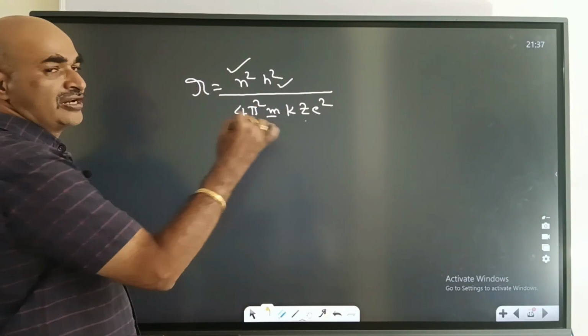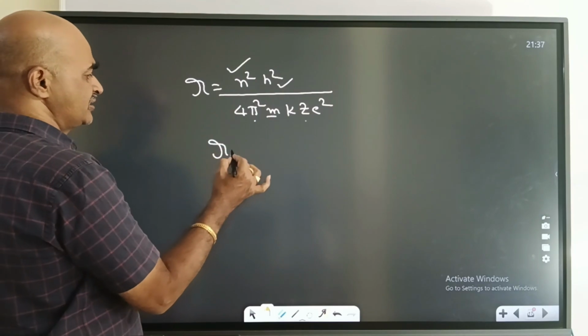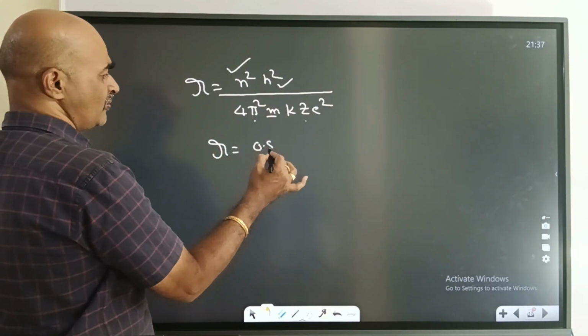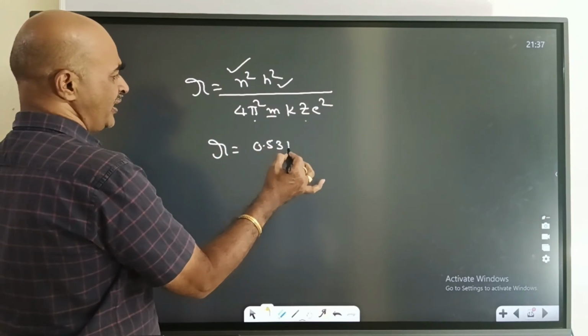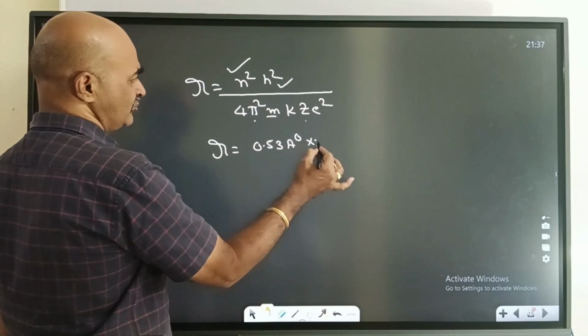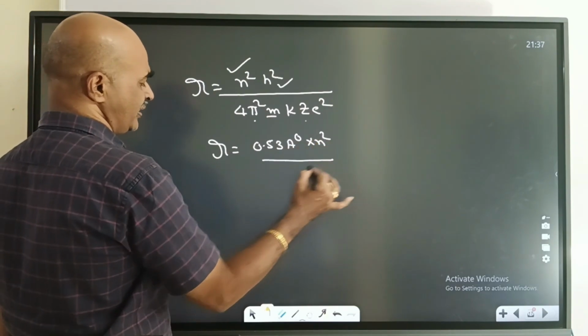When these values are substituted, radius is equal to 0.53 angstroms into n square divided by Z.